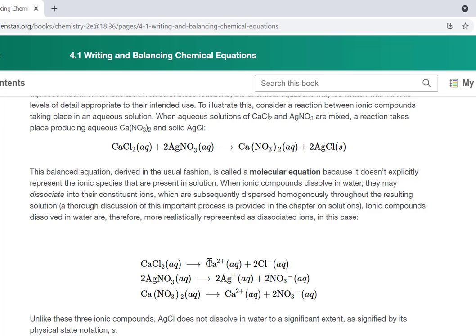Now when that happens, it's possible there is more than one thing with a given type of charge. In this case, we have more than one thing with a negative charge. We have two chlorides. So when we break it apart, if you have one type of ion and you have a subscript, the chlorides are not existing as a molecule there. They're existing as the ion. So basically that subscript turns into a coefficient.